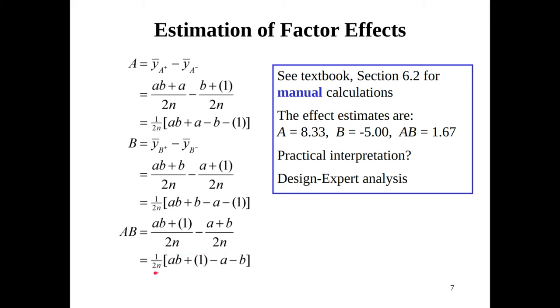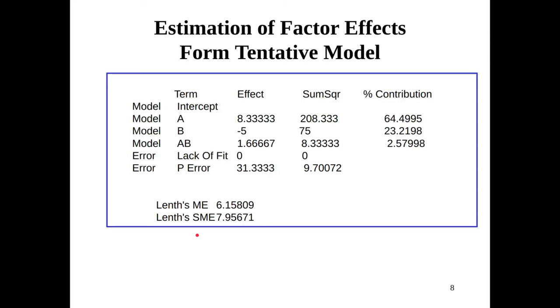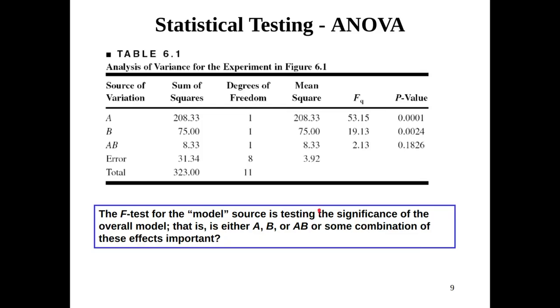Then take 2n out of the parentheses, and this is called the contrast of interaction effect AB. We will calculate that, and after that we can calculate the sum of squares and do the analysis of variance.